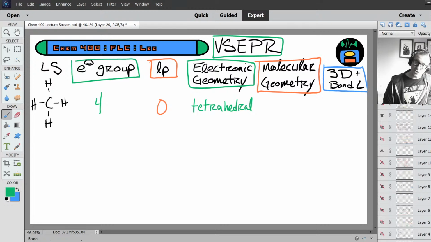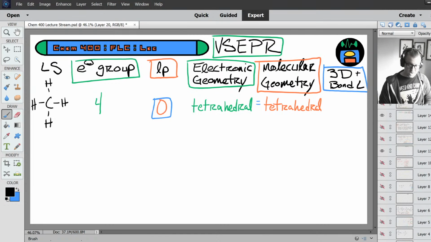All right, that is a tetrahedral electronic geometry. And we know that whenever you have 0 lone pairs, your molecular geometry and electronic geometry are the same. All right, so you've got tetrahedral.